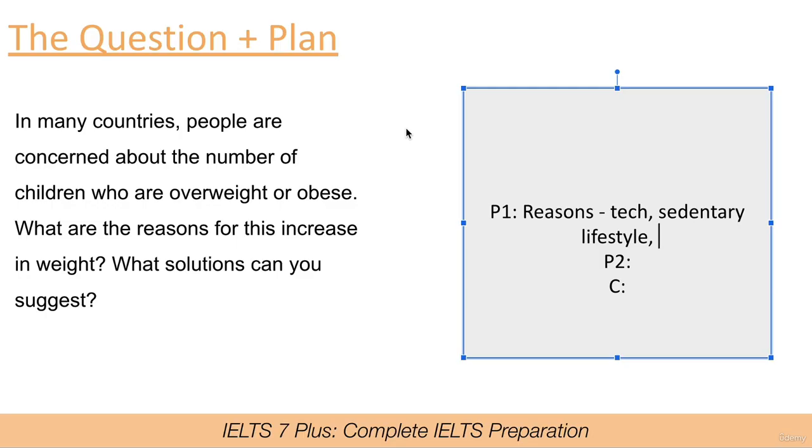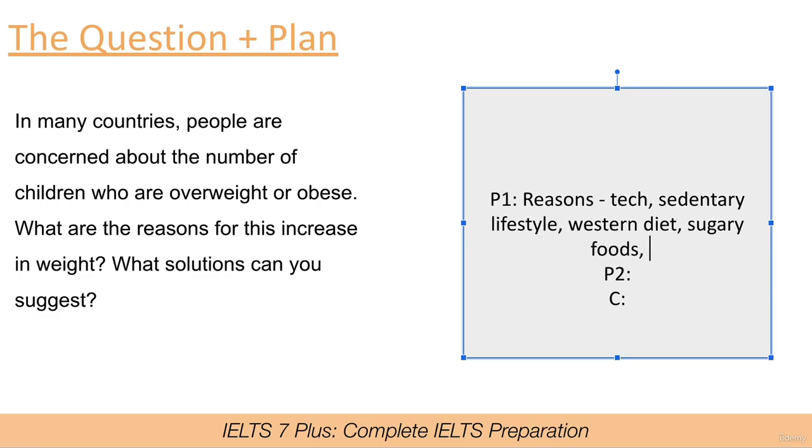Perhaps kids aren't playing outside anymore, therefore they are gaining weight. Compounded with this, I'm thinking about the sort of Western diets, sugary foods. Companies want to sell their products, so they pack them with sugar. We don't always know what ingredients are in foods.